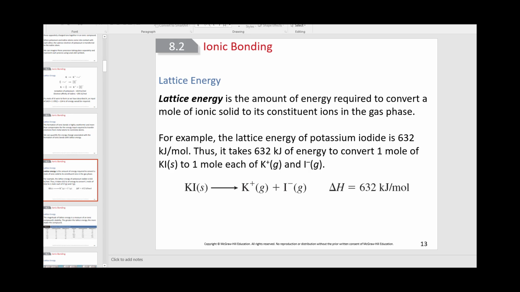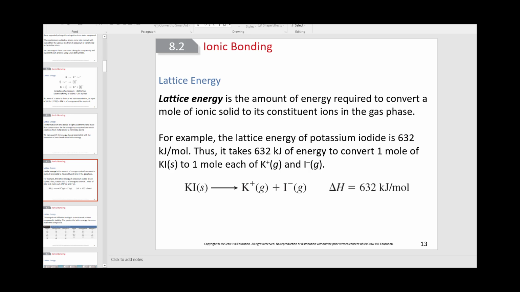The energies associated with these processes are all energies we have already seen. In the last chapter, chapter 7, what was the energy associated with making a positive ion called? Losing an electron to become a positive ion was called the what energy? Ionization energy, good.